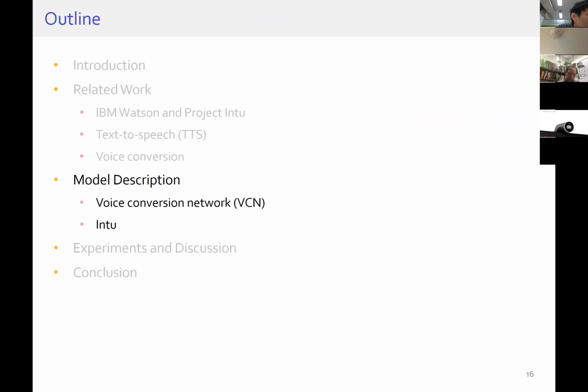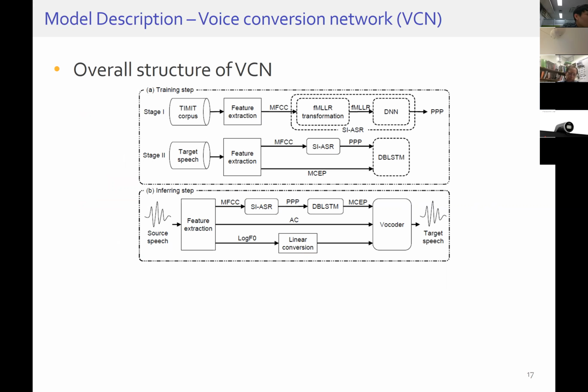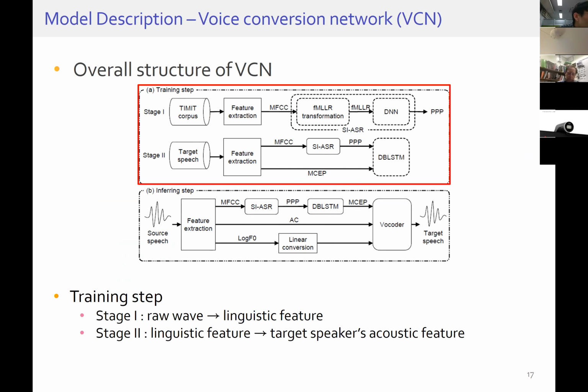Next, I will explain our design in detail. It consists of the voice conversion network, VCN, and Intu, which includes a TTS model. VCN consists of these three stages. The first two stages are training steps.